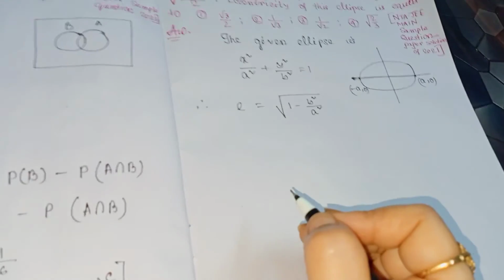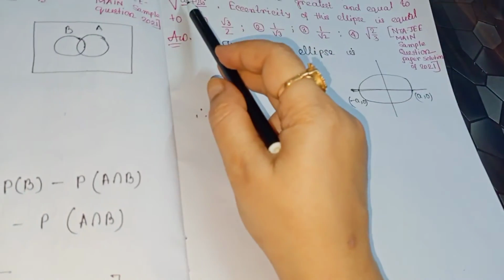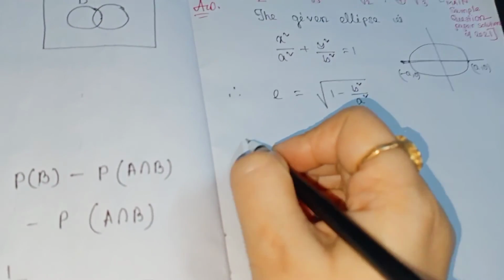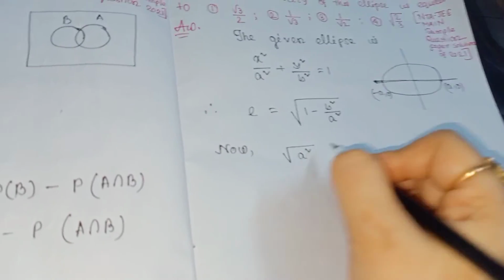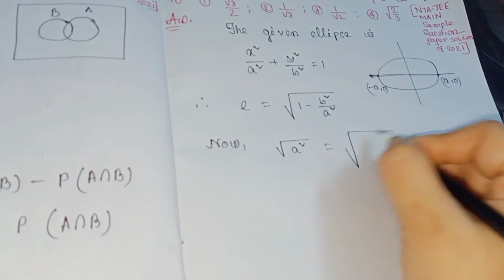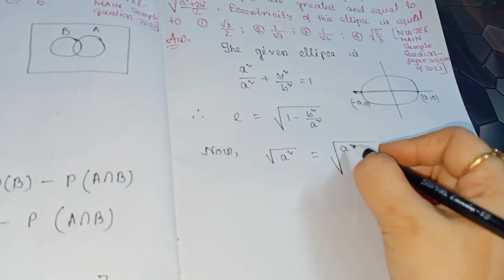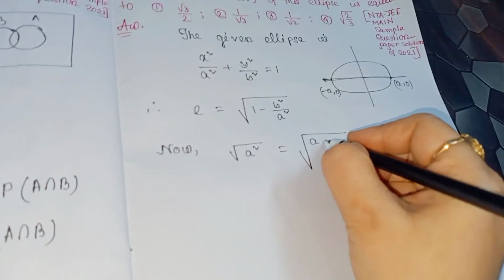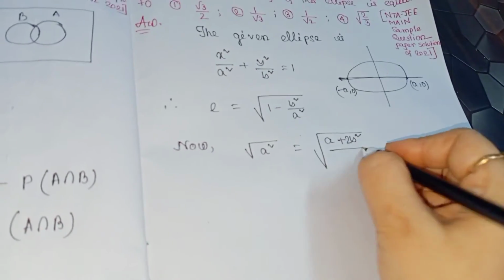Now the greatest distance from these 2 points is root over (a square plus b square) by 2.